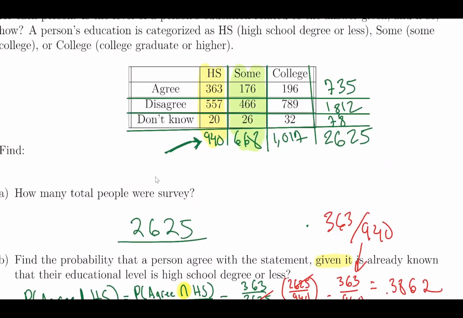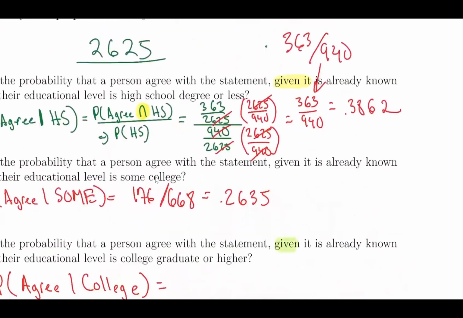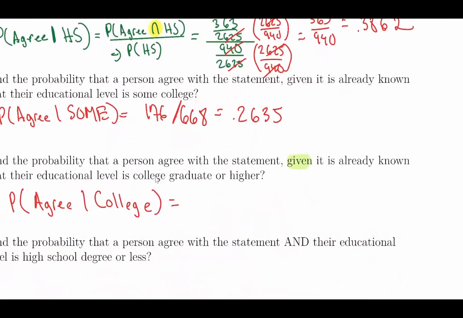Now we're only focusing on college graduate or higher. We already got the answer up, so I'll just use the answer. So let's say 196 divided by 1,017.